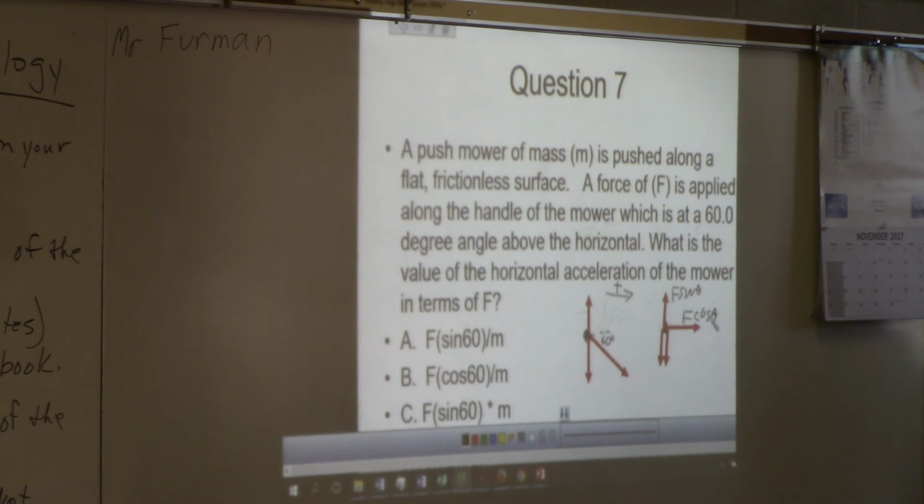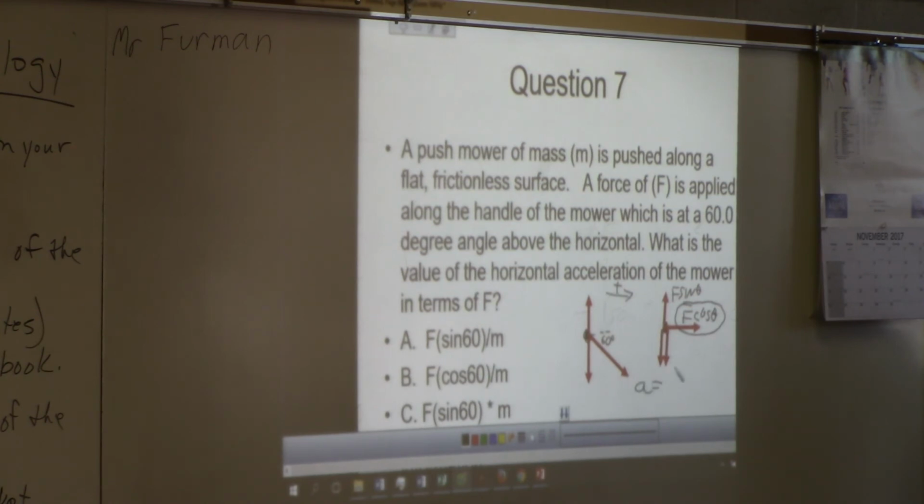So what's my net force acting on this object, on the lawnmower? Net horizontal force, I've only got one. Right, F cosine theta.